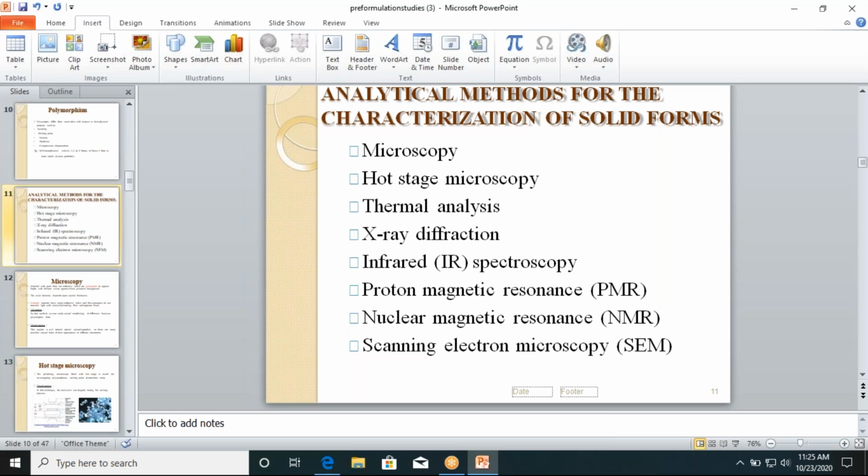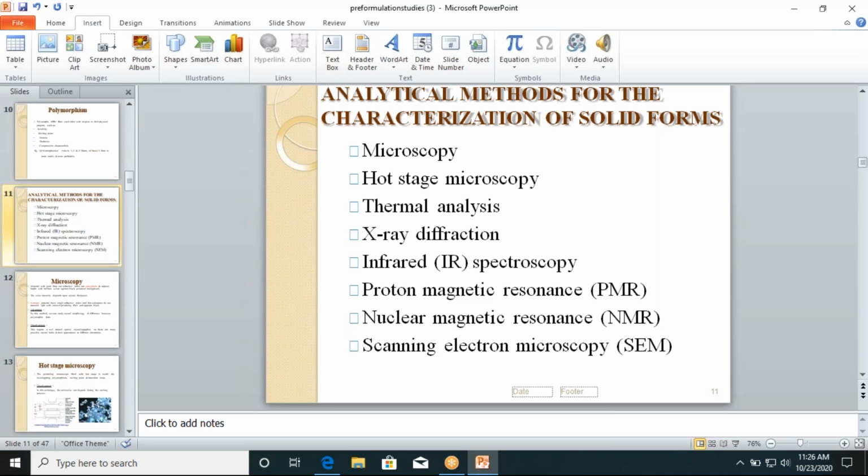Okay, so how will you study these crystals? You need to check which crystal will be more stable. The different methods you will use for characterizing crystals are the microscopic method, hot stage microscopy, thermal analysis, infrared spectroscopic method, proton magnetic resonance or NMR, nuclear magnetic resonance, or scanning electron microscopy.